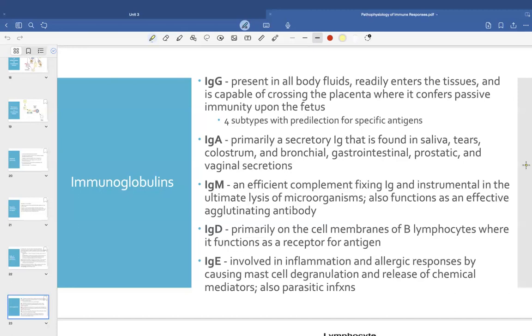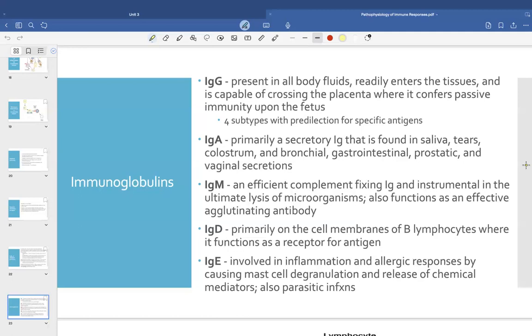IgD is mostly on B lymphocyte cell membranes, and it will serve as a receptor for antigen. Sometimes that receptor binds, but it can't necessarily destroy. And so at that point, those B cells can become APCs and take it to a T cell for elimination.